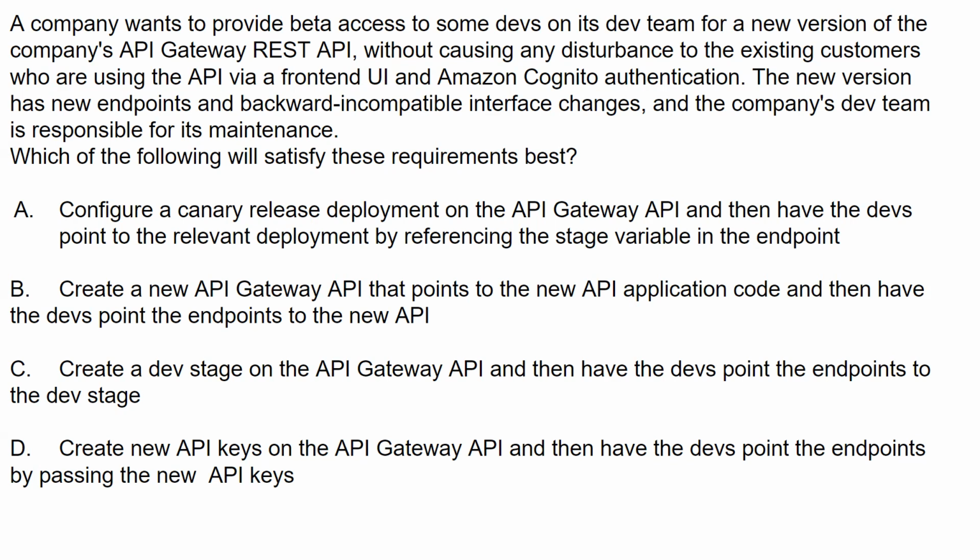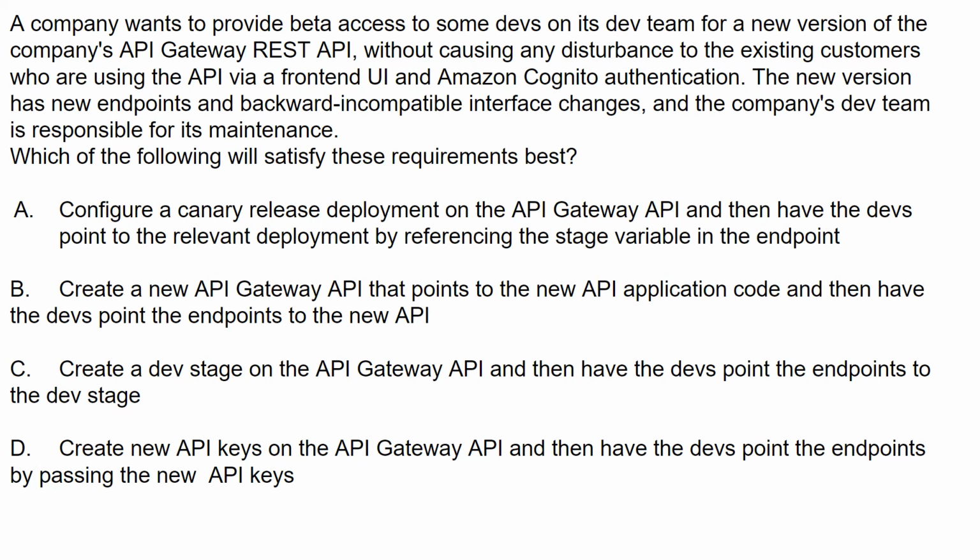Configure a canary release deployment on the API Gateway API, and then have the devs point to the relevant deployment by referencing the stage variable in the endpoint. Create a new API Gateway API that points to the new API application code, and then have the devs point the endpoints to the new API.